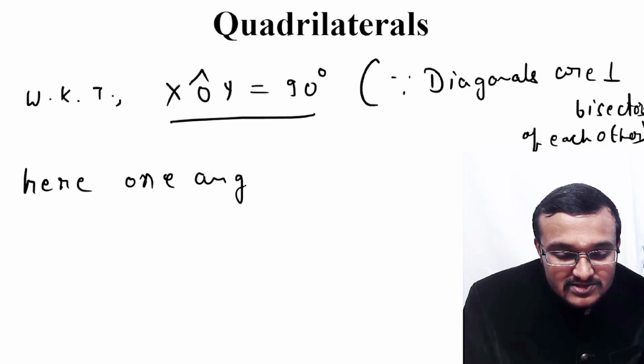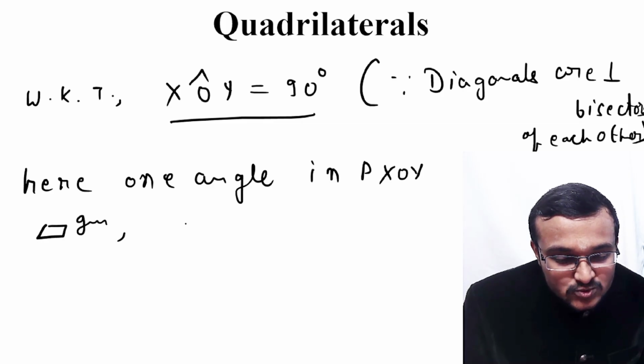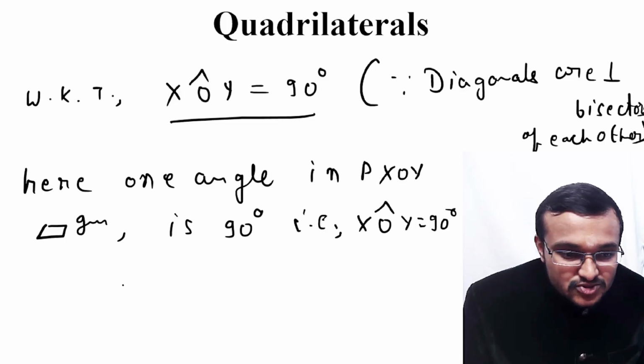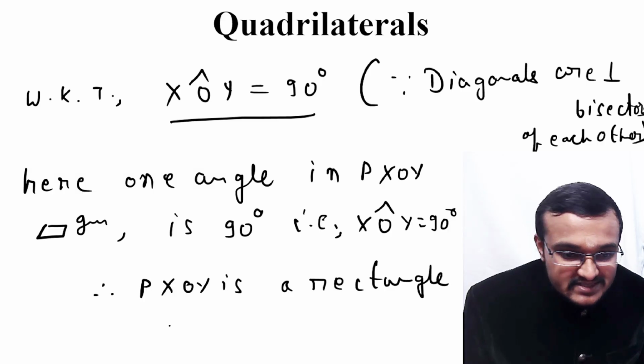So one angle in PXOY parallelogram is 90 degree, that is XOY is equal to 90 degree. So therefore PXOY is a rectangle.